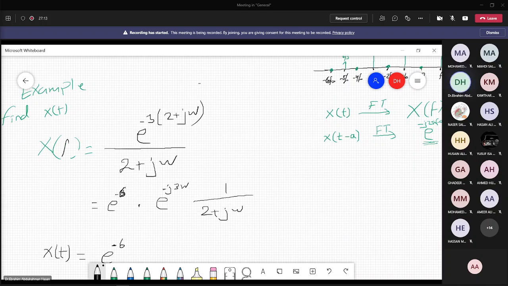So let me say that this is f. I'm going to change this one to 2 pi f.